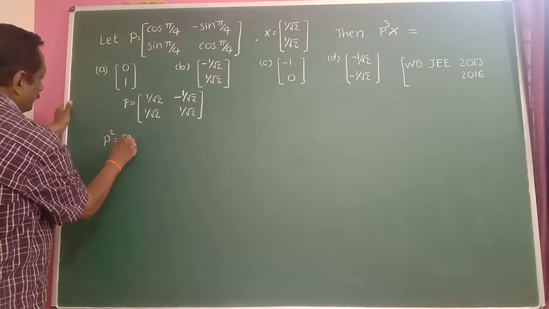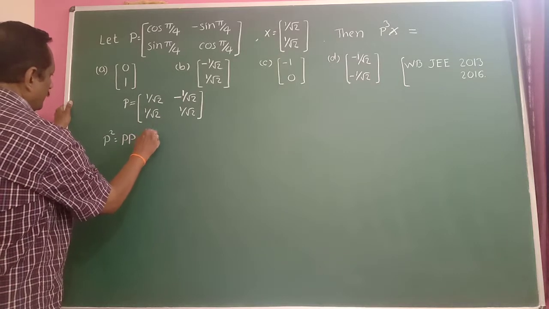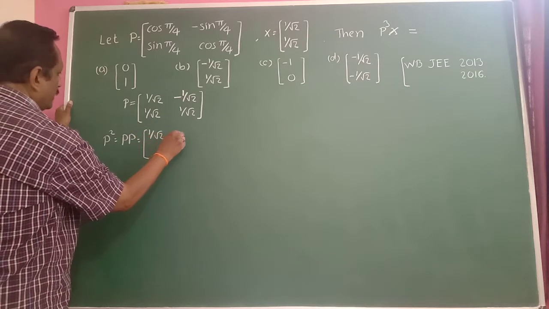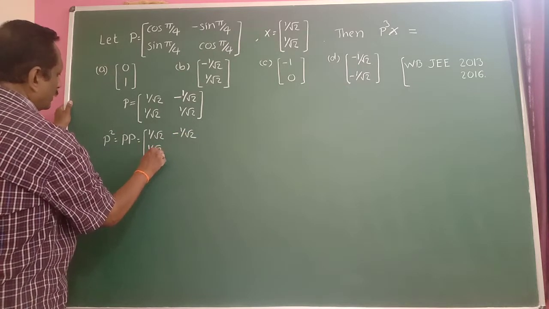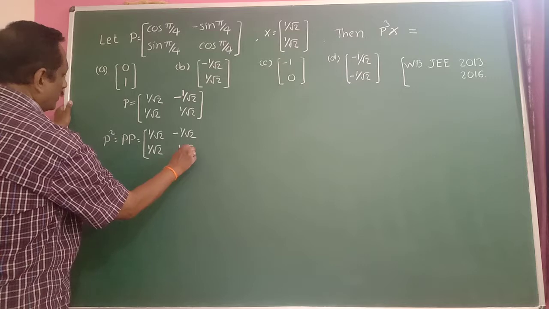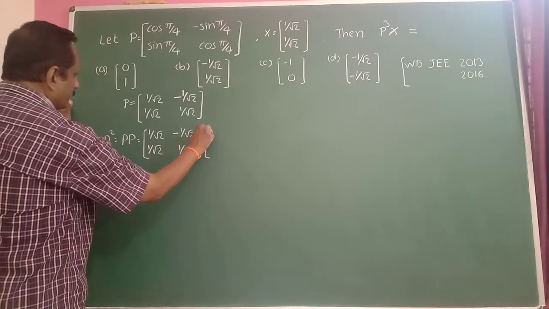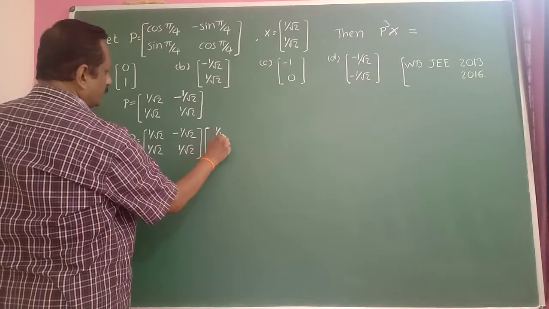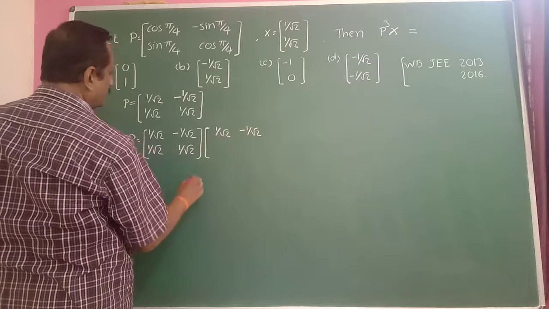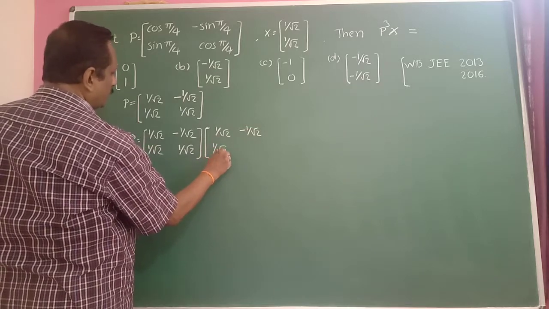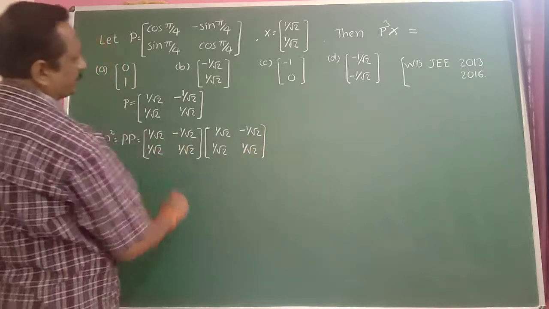P square is P into P. Therefore, 1 upon root 2, minus of 1 by root 2, 1 upon root 2, 1 upon root 2. Right, once again the same matrix here. So 1 upon root 2, minus of 1 by root 2, 1 upon root 2, 1 divided by root 2.